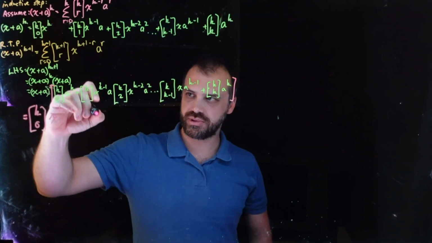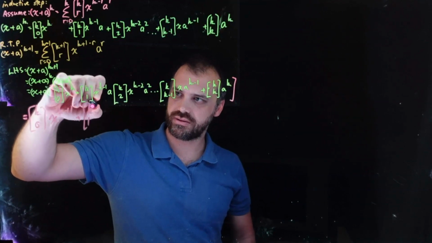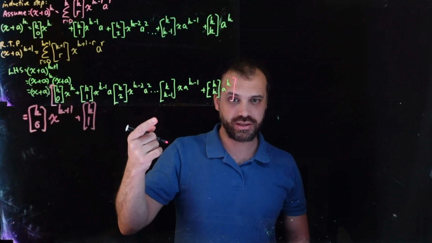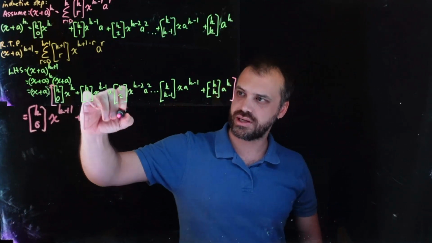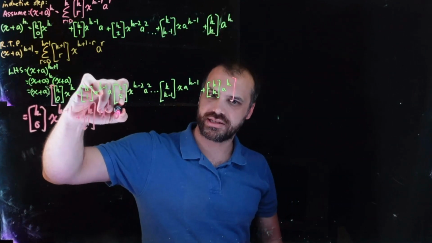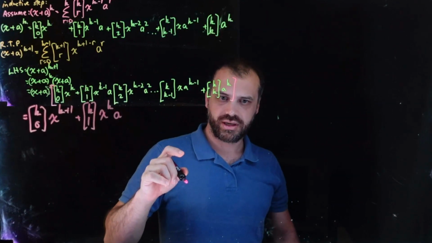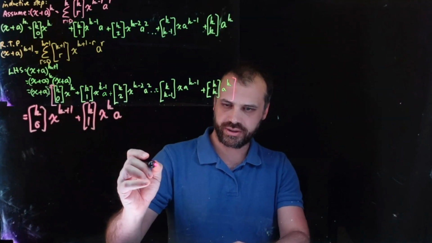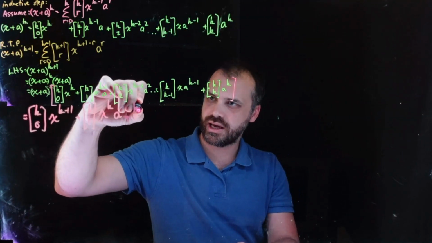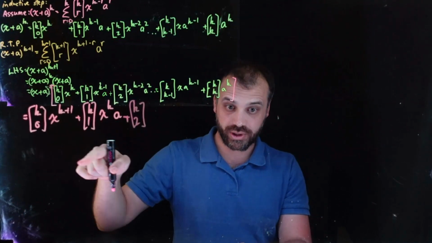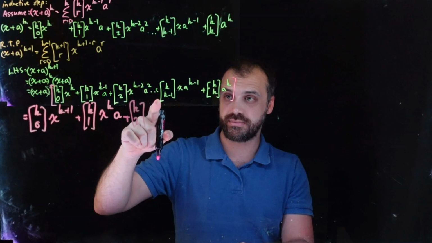My next term is going to be k choose 1, and then I've got x to the k minus 1, so this next term is going to be x to the k, and then I've also got an a sitting there as well. All right, I think I missed a plus sign in there. We need a plus in there. That's better. The next one's going to be k choose 2. And so then when we multiply that by x, we get x to the k minus 1.